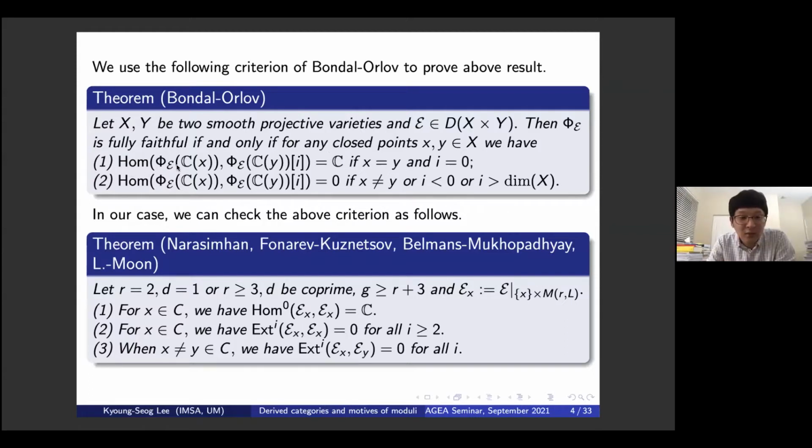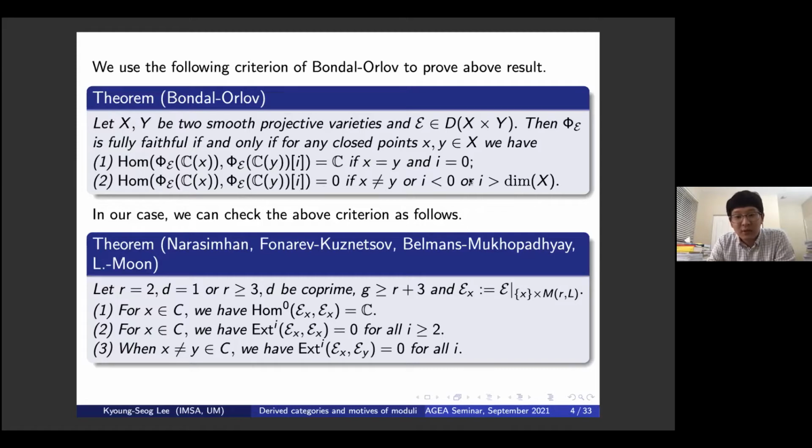When x is equal to y, the Hom between the images should be C when i equals 0. And when x is different from y, then the Hom should be 0.